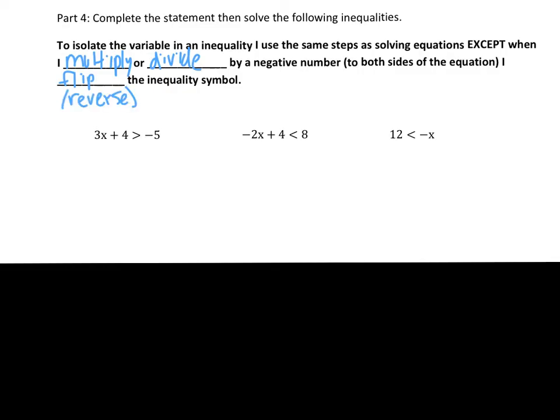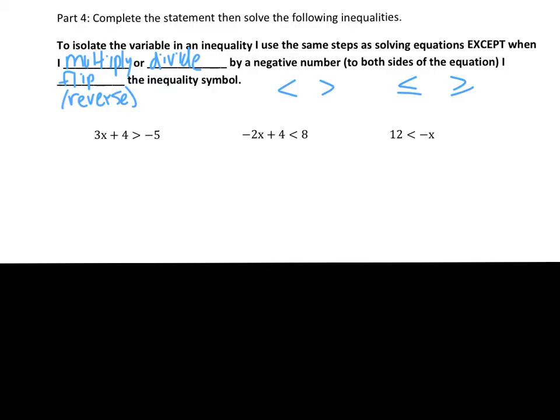This means that my less than symbol becomes a greater than symbol, and vice versa, and my less than or equal to symbol becomes a greater than or equal to symbol whenever I multiply or divide on both sides, so when my inverse operation requires me to multiply or divide by a negative number.